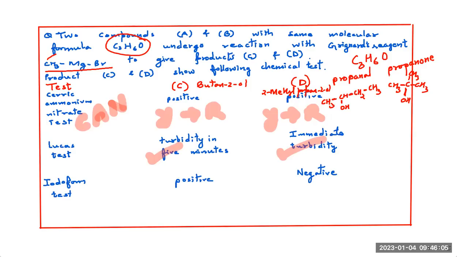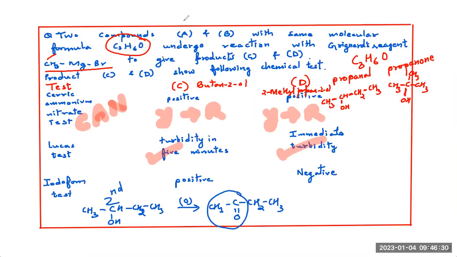Iodoform test is given by only those compounds which have a methyl keto in them or which on oxidation give methyl keto. तो अगर आप देखें सेकेंडरी अल्कोहल में मिथाइल कीटो नहीं है, लेकिन आपको अच्छे से याद है कि अगर सेकेंडरी अल्कोहल का ऑक्सीडेशन किया जाए तो कीटोन मिलता है, और अगर ये सेकेंडरी अल्कोहल का OH सेकेंड कार्बन पे है तो सीधी बात है मिथाइल कीटो बनेगा.